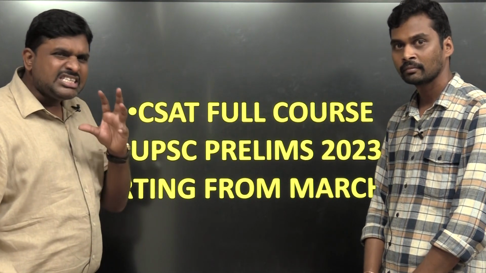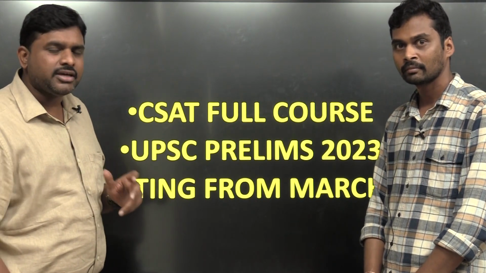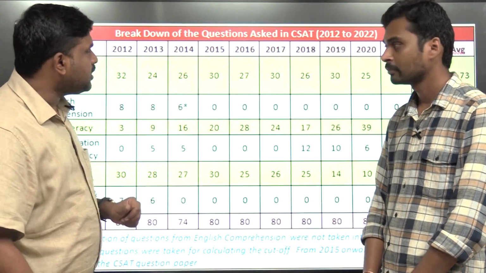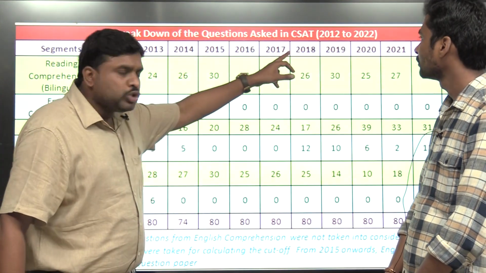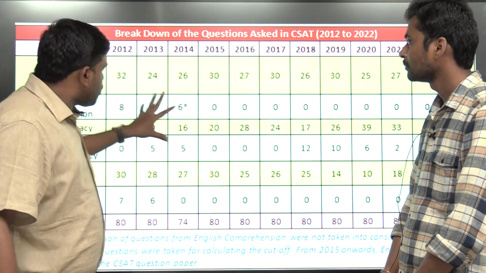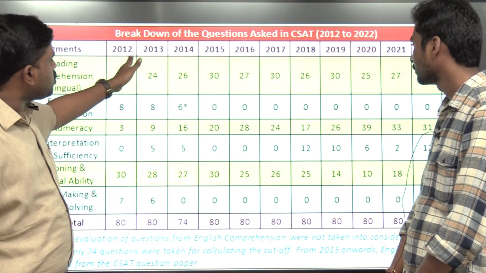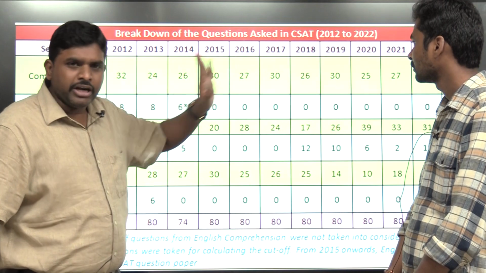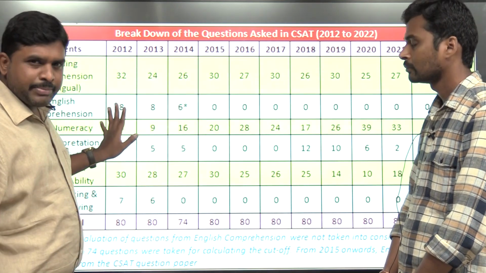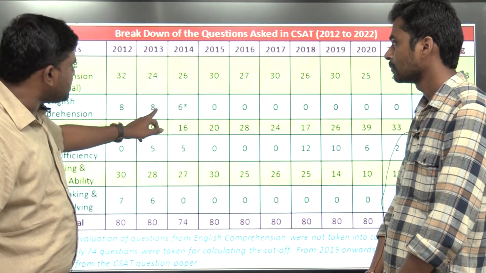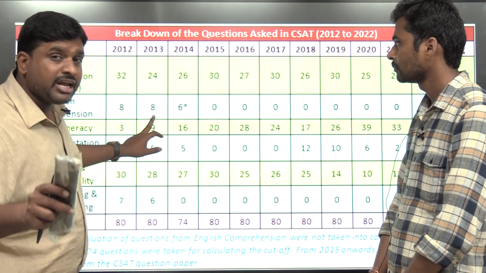So how is the CSAT question paper format? For example, we analyzed the question papers from 2012 to 2022. From comprehension passages in 2012, 2013 and 2014 they asked from English comprehension.